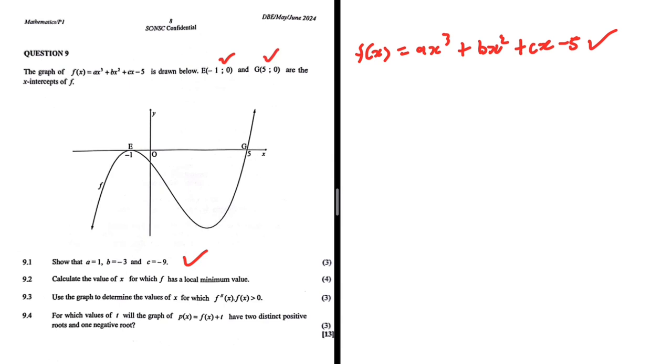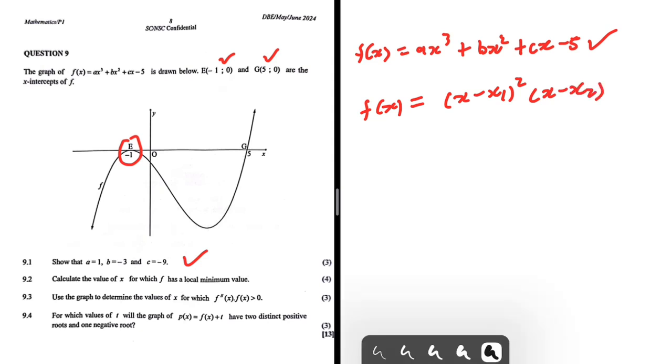But what is happening at E? E is an x-intercept and a turning point at the same time. That is easy to see. When that is the case, we have f of x being equal to (x minus x1) squared multiplied by (x minus x2). Usually we have (x minus x1) multiplied by (x minus x2) multiplied by (x minus x3).